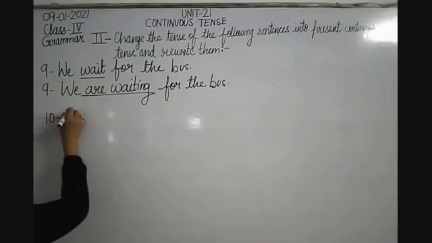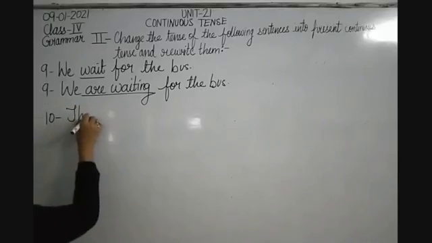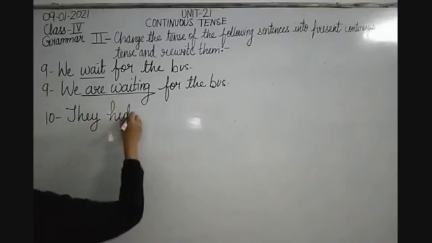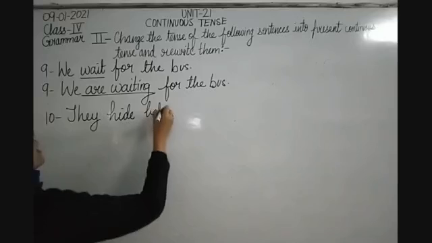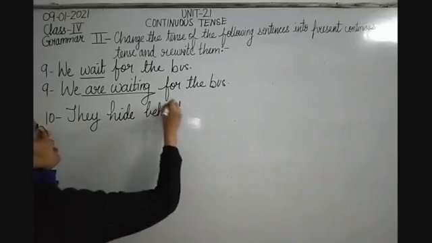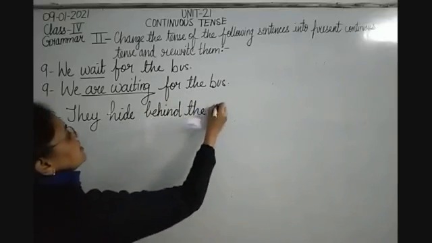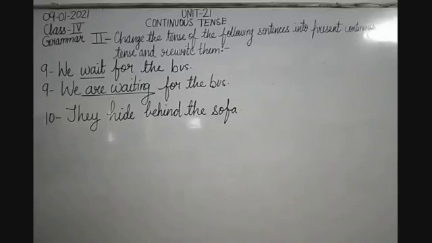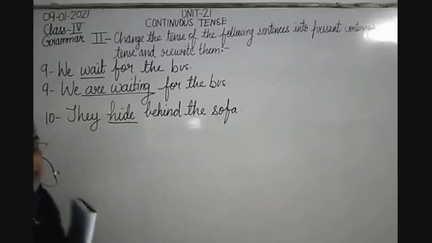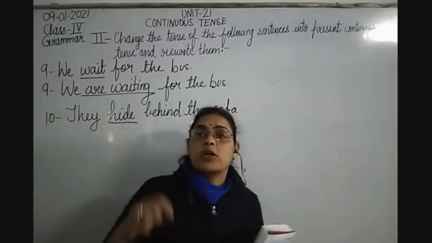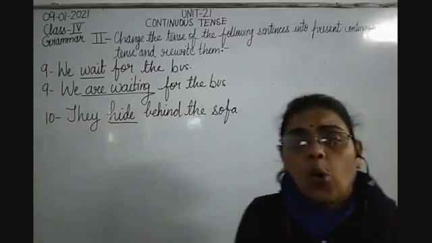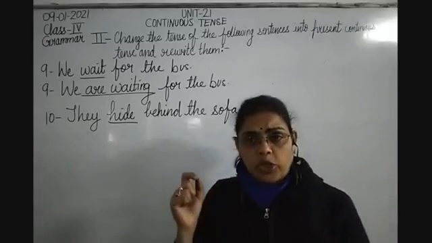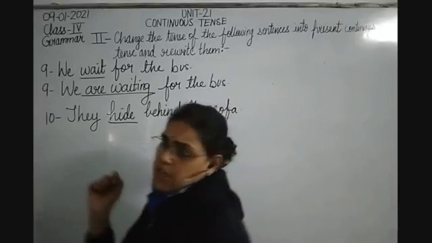The 10th one, the last sentence of this exercise. They hide behind the sofa. The verb in this sentence is hide, and remember hide has got E at the end, and all the verbs which have got E at the end, when you form the ing form, what do you do? You drop the E and add ing.